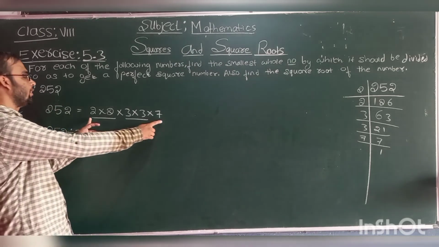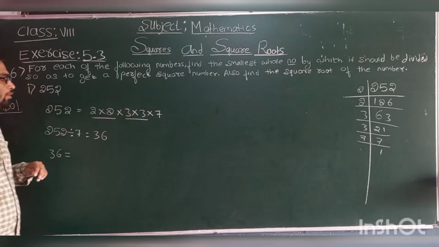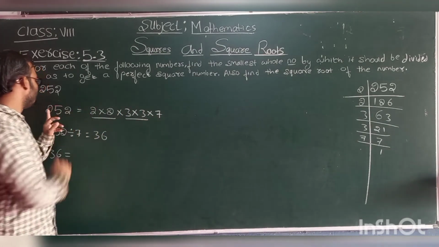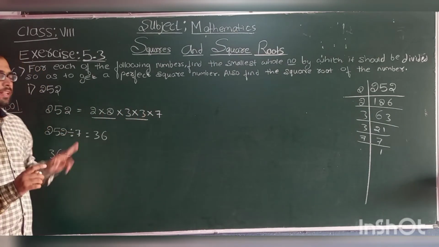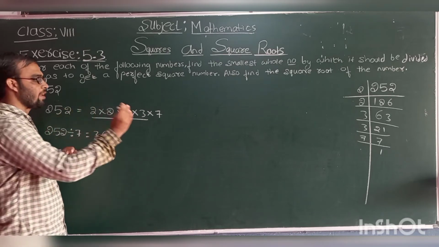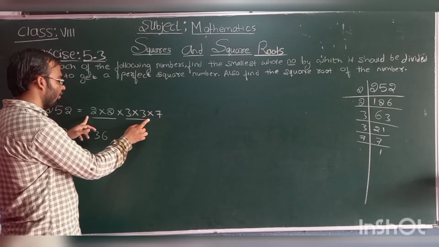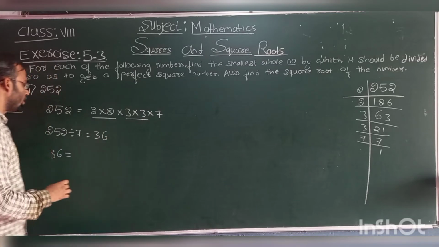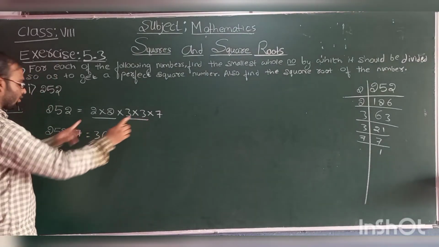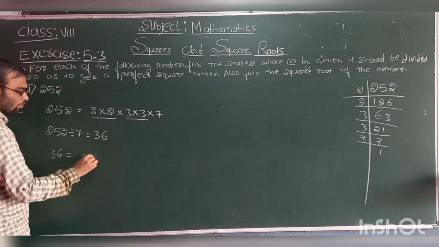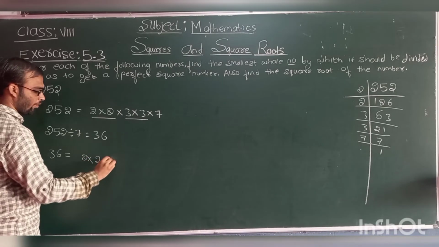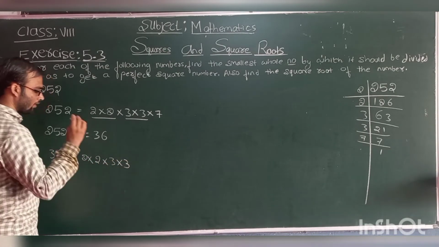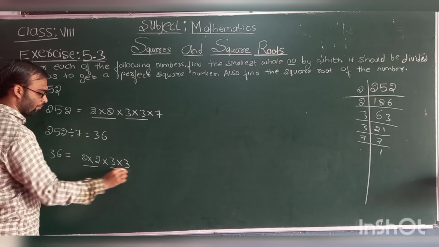Okay. Now we'll write the factors of this number. Up to here, these are the factors of 252. Now, as we have divided this number by 7, dividing by 7 means removing 7. As we have removed 7, we have got only these numbers. So these will be the factors of 36. 2 into 2 into 3 into 3. Now start pairing.